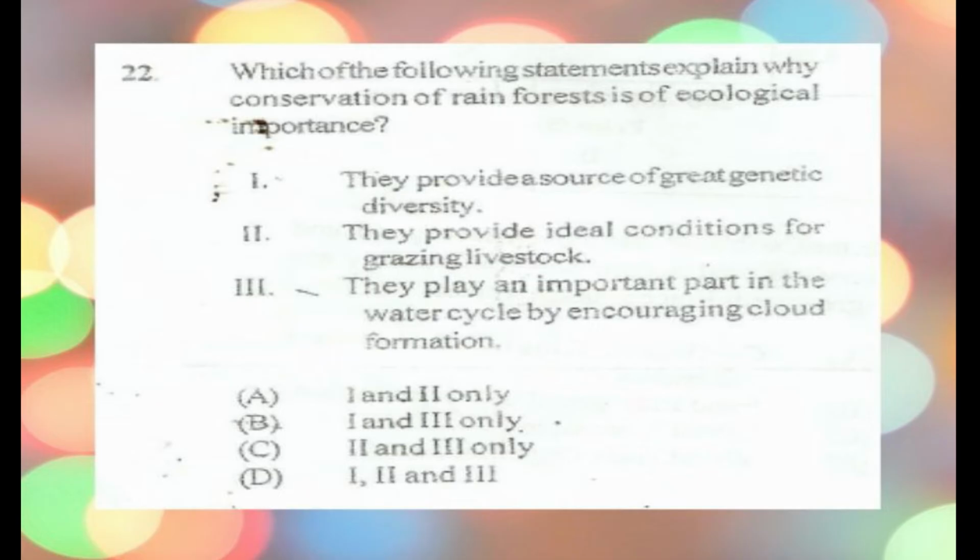They play an important part in the water cycle by encouraging cloud formation. A. 1 and 2 only. B. 1 and 3 only. C. 2 and 3 only. D. 1, 2 and 3. The answer is D. 1, 2 and 3. Ecology means a community of plants, animals, and the physical environment.